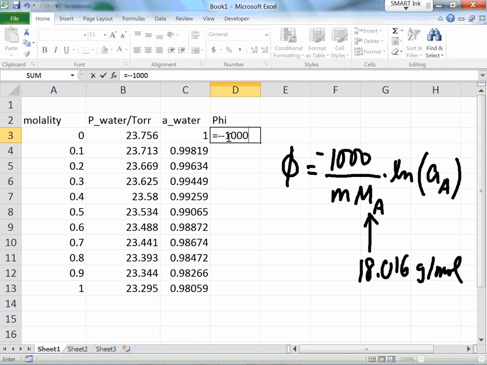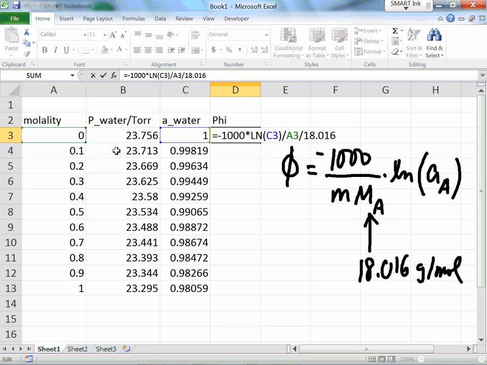Negative 1,000 times, I'm just going to do ln of A first: ln of activity of A, which is that one, divided by the molality, which is that one, divided by the molar mass of water, 18.016. And I can't get a number there. Why? Because I'm trying to divide by 0 molality.